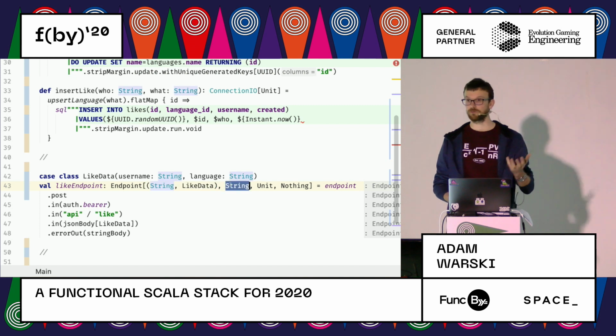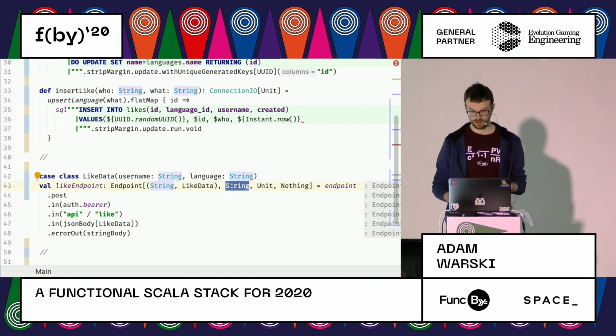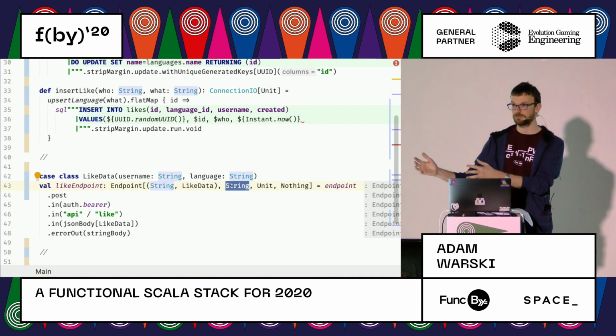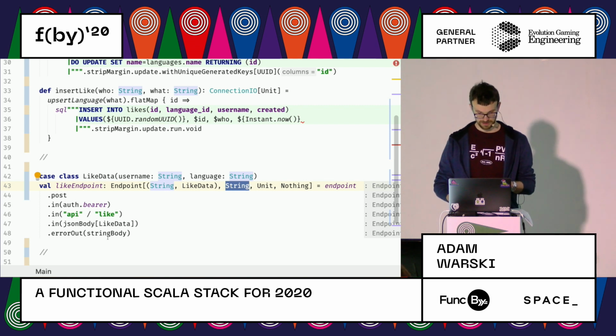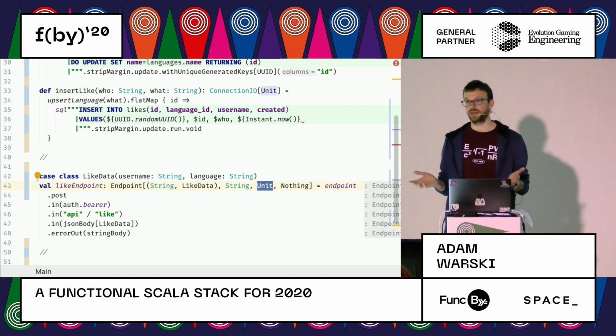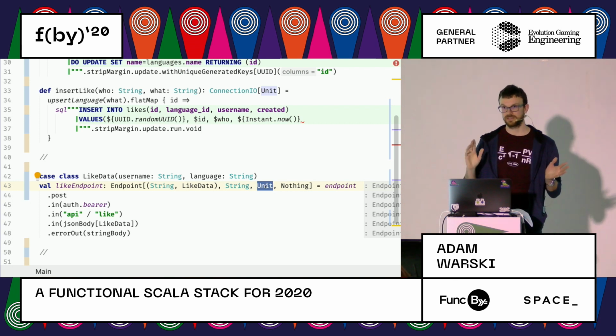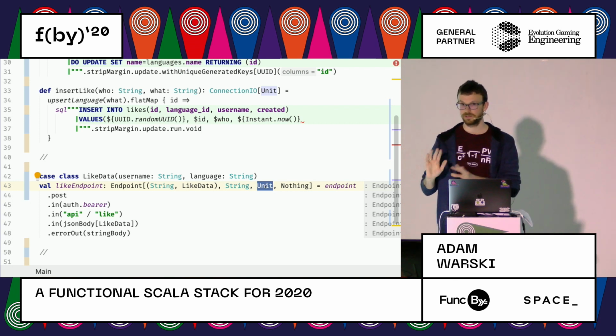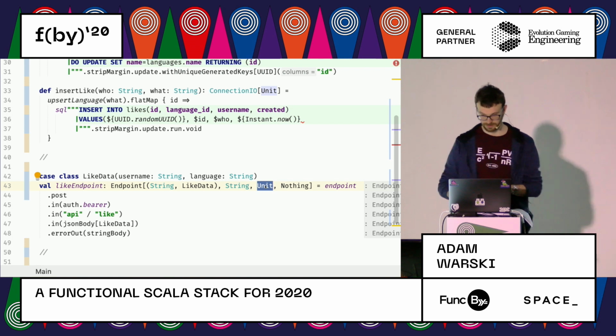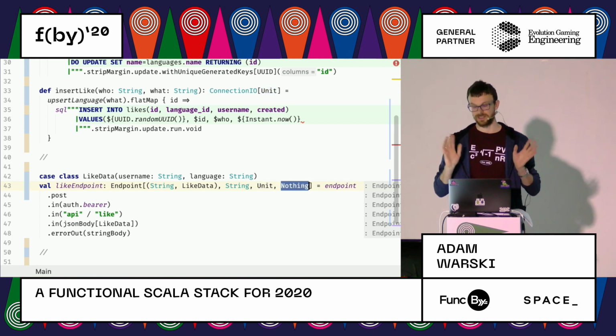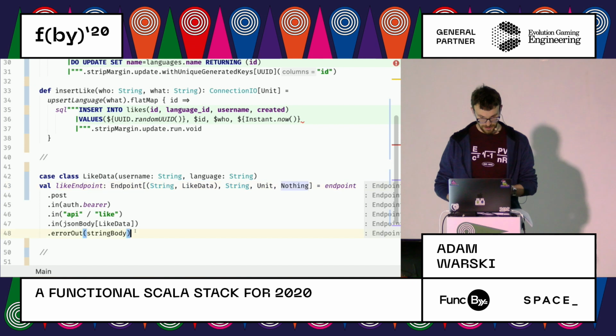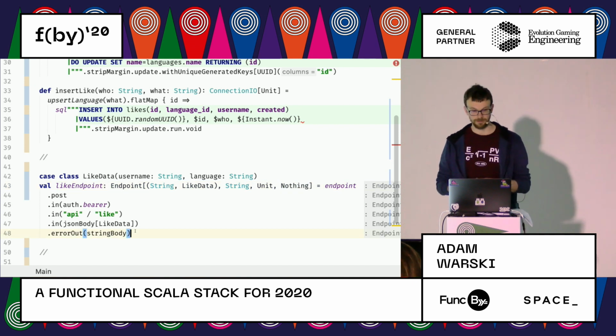In case of an error, we return a string. So that's the value that maps to the response, right? So that string corresponds to the string body over here. In case of success, we don't return anything. So in case of success, you would just get a 200 OK, and that's it. Nothing, no special headers or bodies and so on. And we are not doing any streaming, so that's not important. OK, so now we have described our endpoint.